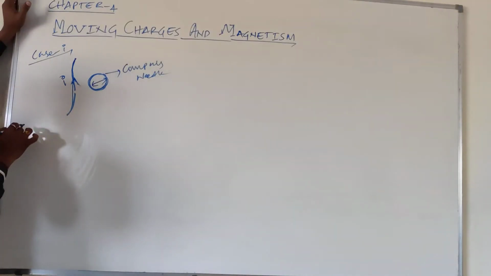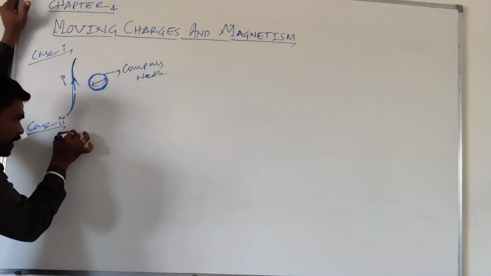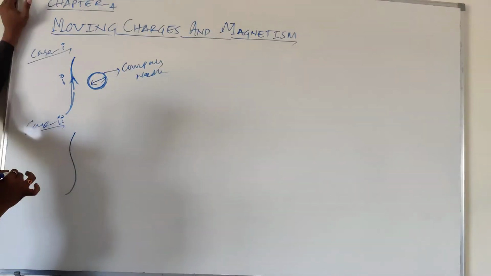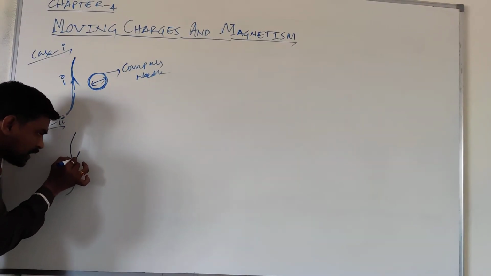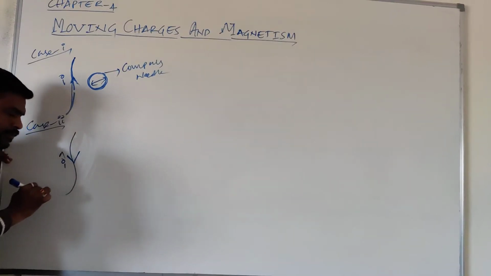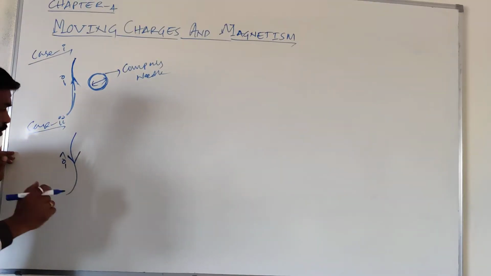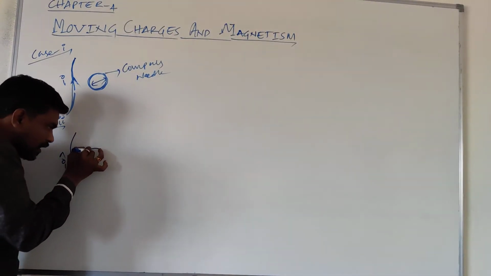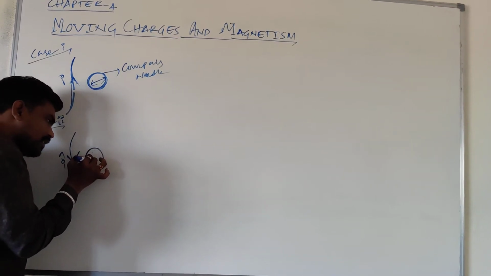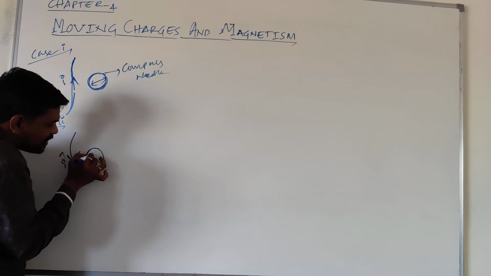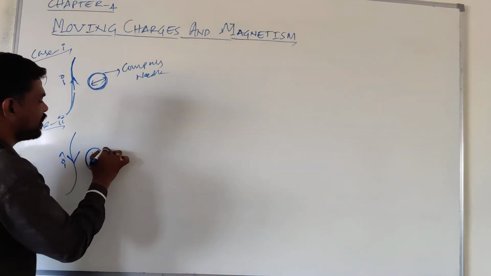So in the second case, what did he do? Again he takes the same conducting wire, but the current direction is reversed, like this. So then what happened here? The compass needle changes its deflection.